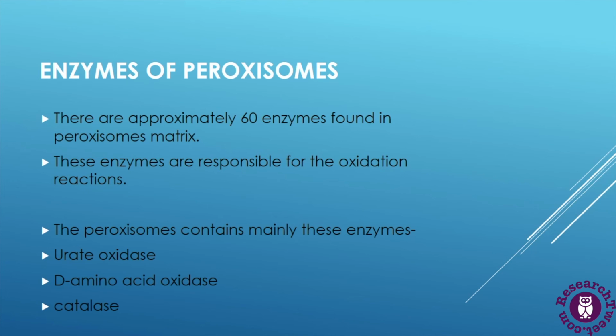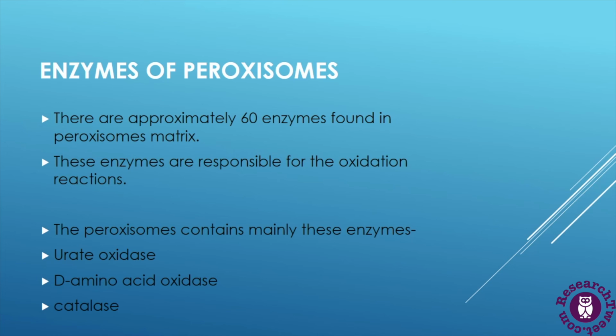These enzymes have the ability to transfer hydrogen atoms to molecular oxygen, and they form hydrogen peroxide. The molecule of hydrogen peroxide is a type of reactive oxygen species, and it is very harmful for the cell and the organism.